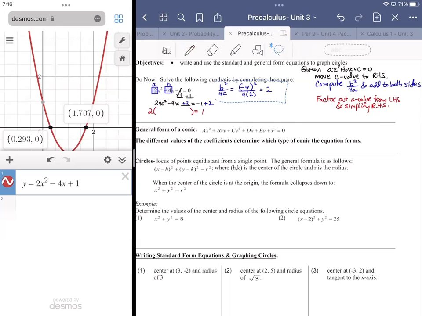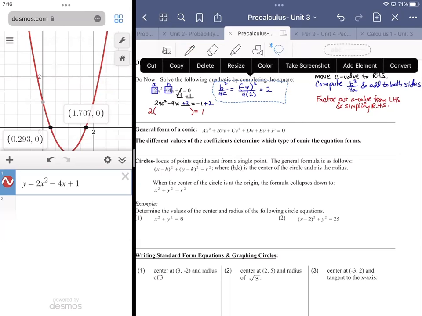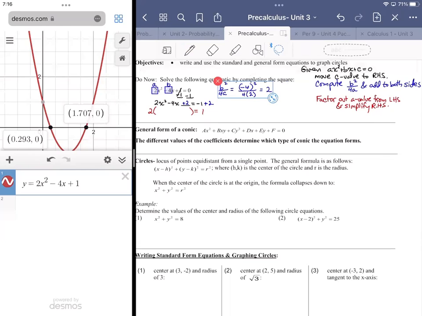So we got a relatively straightforward situation on our hands. Then when I factor out the 2 on the left-hand side, factoring out a GCF, we divide each term by that GCF, x squared minus 2x plus 1 is what remains.